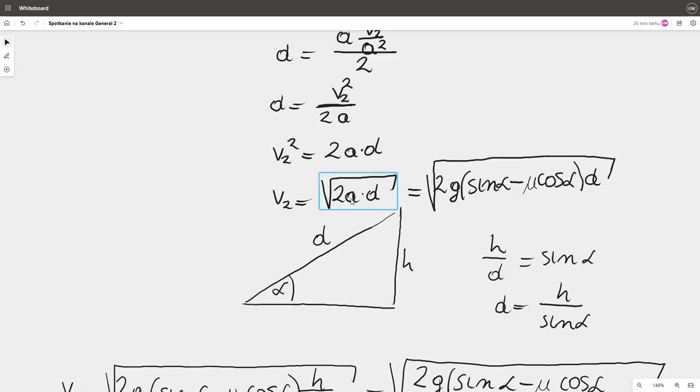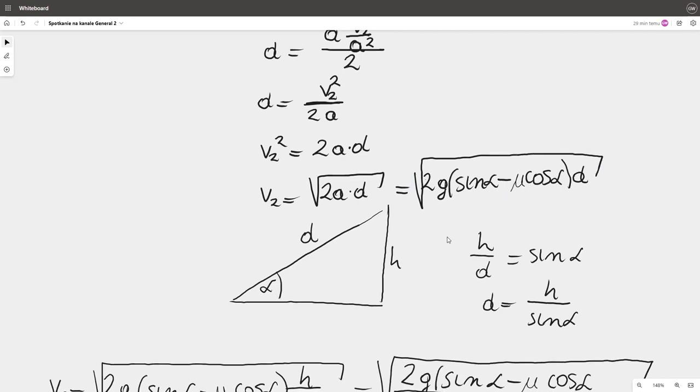Instead of a, we put value of a. Usually we don't know the distance d, but we know height of the incline h. So we express d by h. They are connected by sine of alpha.